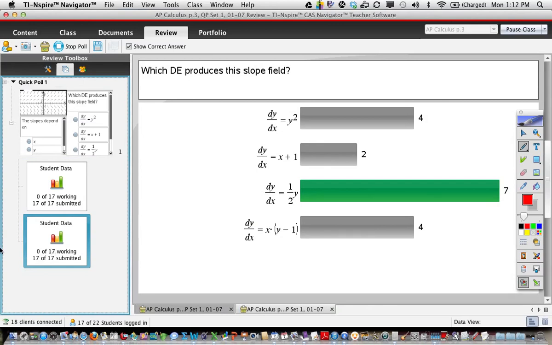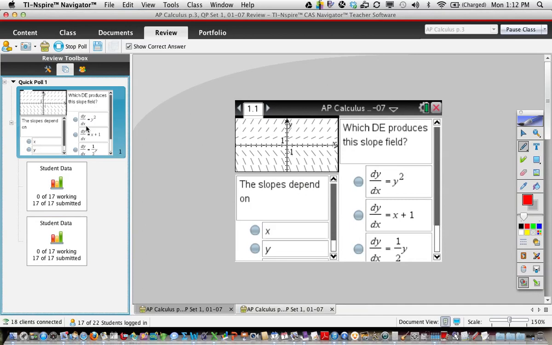Now, how do we tell? We've decided that the slopes only depend on y, because when we go across to different x's, slope doesn't change. So which one is it? Y squared or 1/2 y? How do we tell?